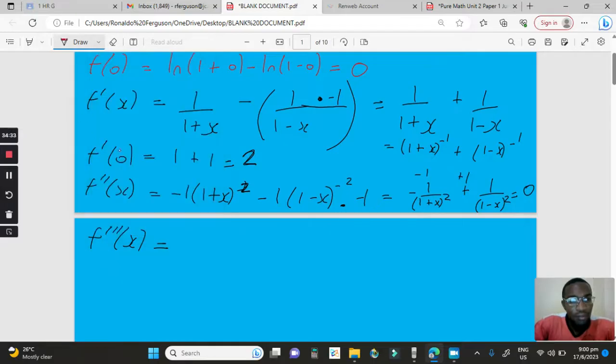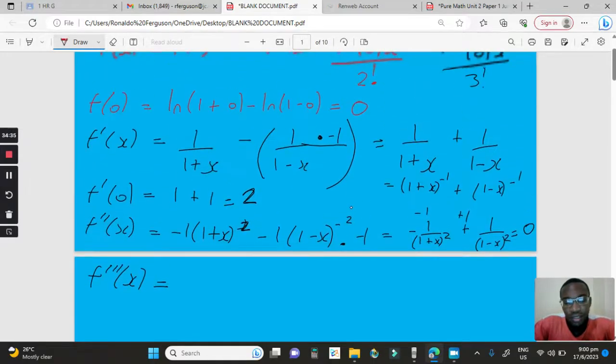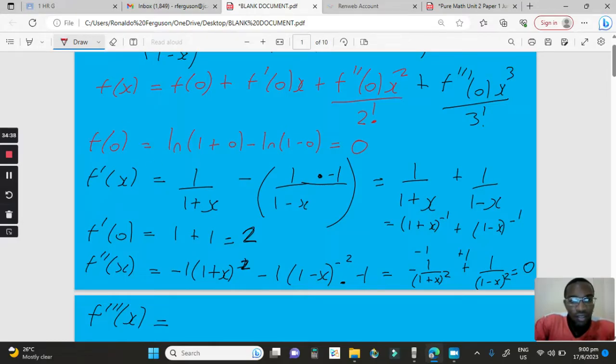But just to make sure we didn't make any mistake in our derivative, f prime of x, 1 over 1 plus x plus 1 over 1 minus x, that's good. Differentiate this, carry down the power of minus 1, subtract 1 from the power, that's minus 2. Carry down the power of minus 1, subtract the power, minus 2 times negative 1, negative and negative become positive, so this is good. When I input the 0, this is negative 1, input 0, this is negative, yes.